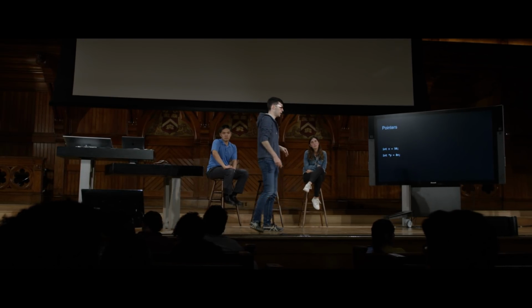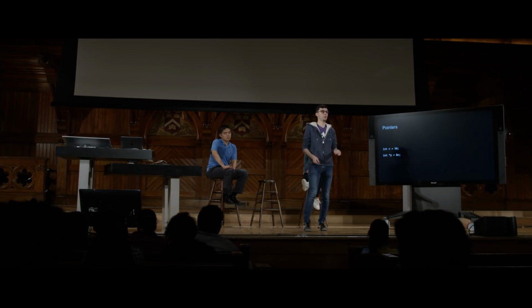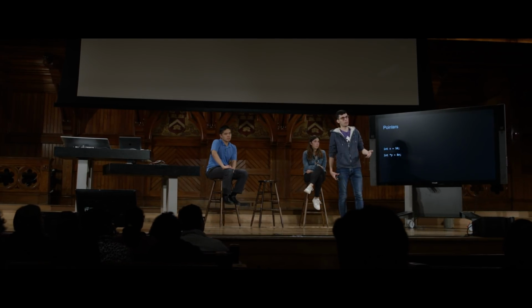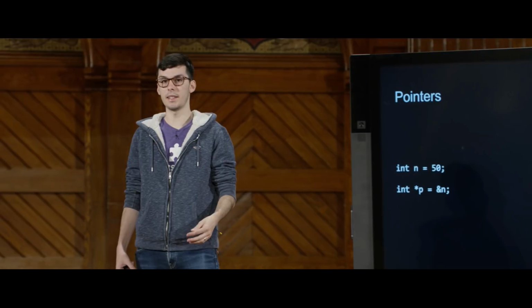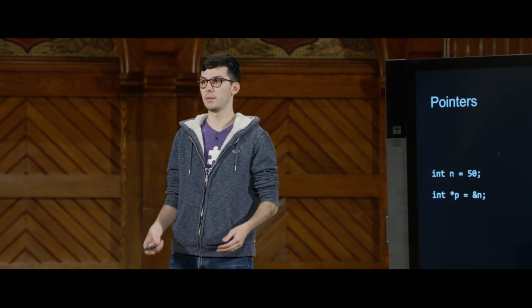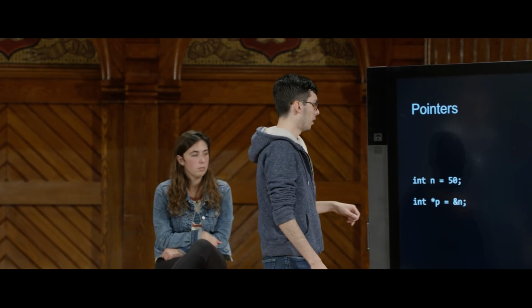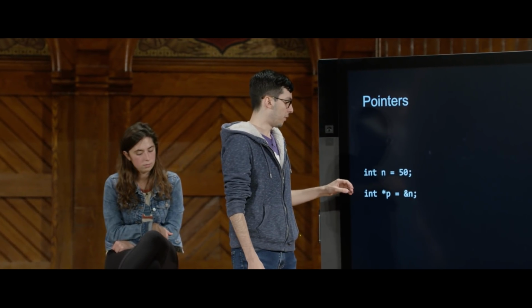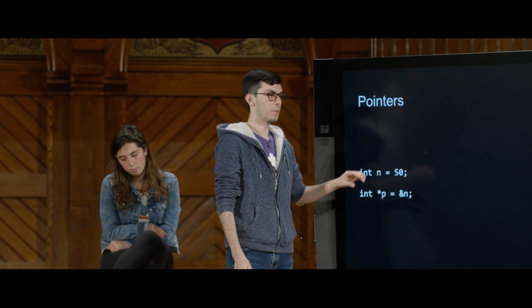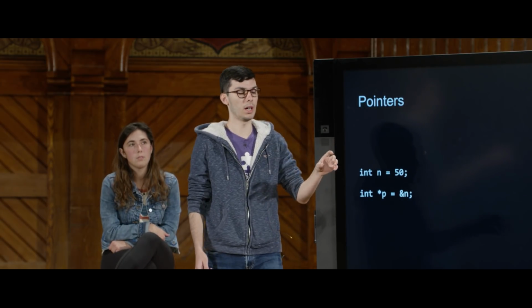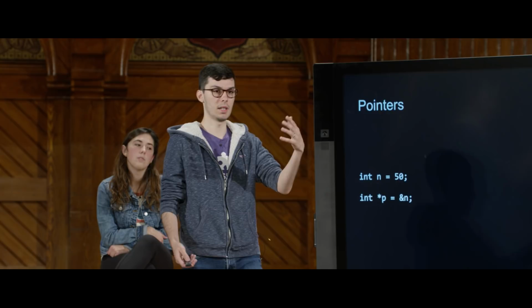So, clearing up pointer versus array versus pointer to an array. You can think of a pointer and an array as essentially the same thing, where they both refer to the address of the first element, or an array refers to the address of its first element as a pointer.